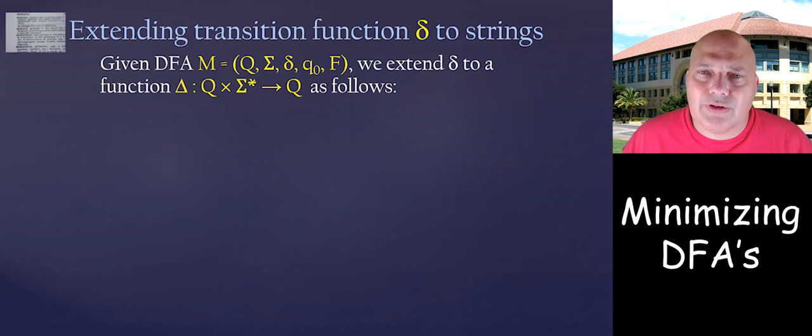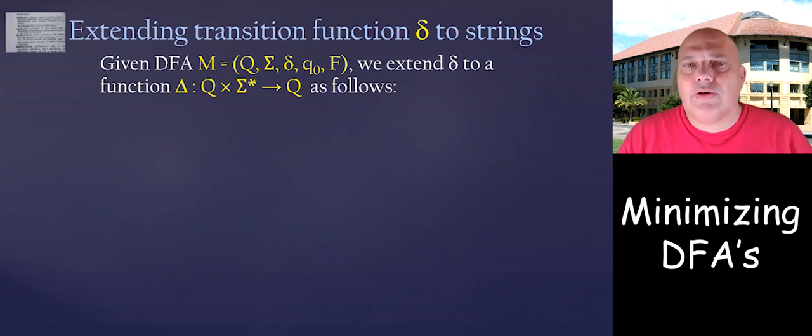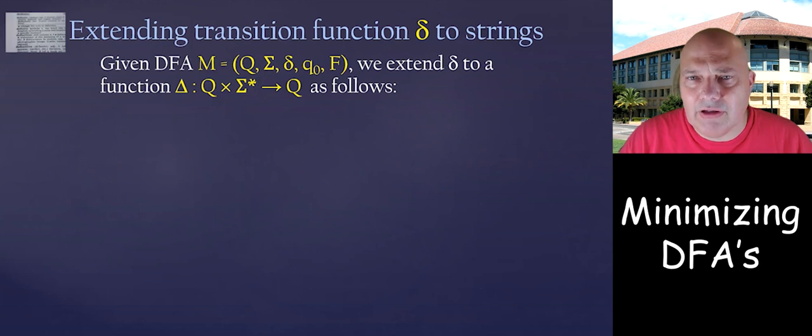So let's start with a few notations. And here we want to extend the transition function delta to strings. So given a DFA M, which has a transition function small delta, we're going to define an extended transition function big delta that takes a current state and a string and transfers to a new state.